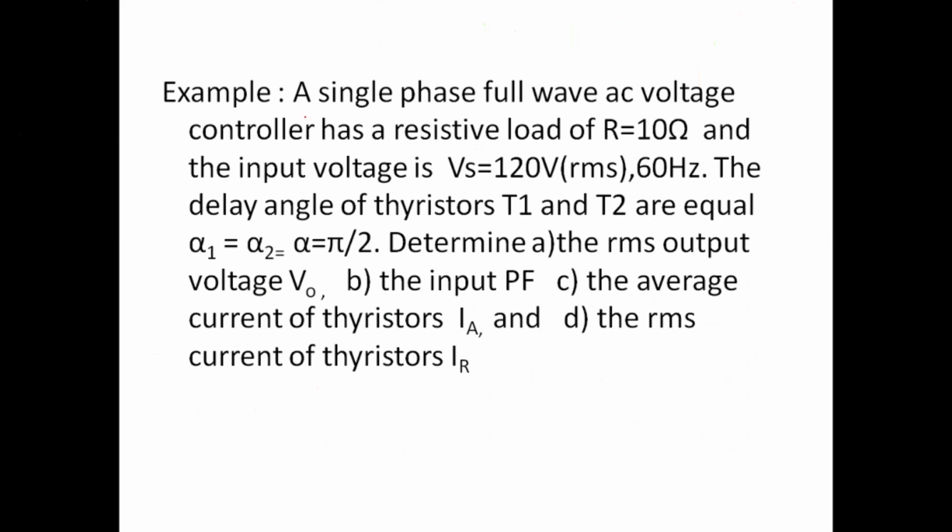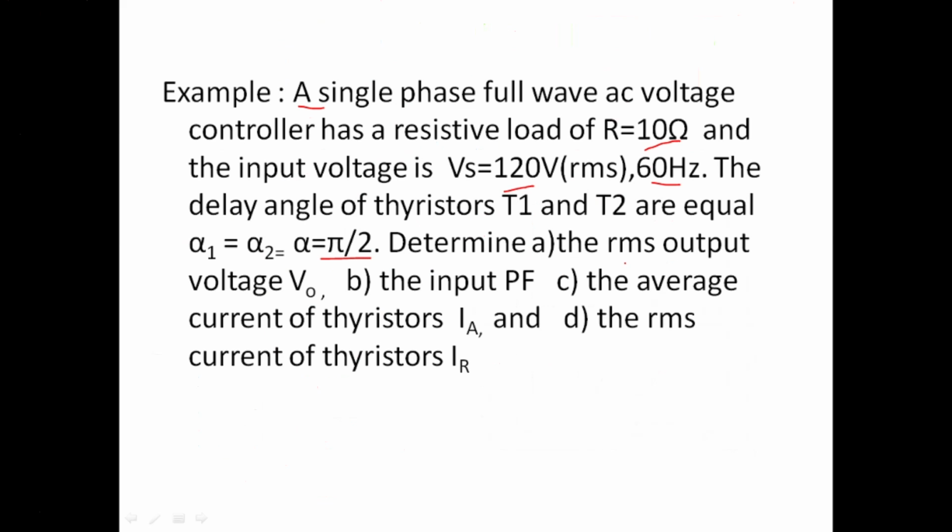So a single phase full wave AC voltage controller has a resistive load of R is 10 ohm and input voltage is 120 volts, 60 hertz. The delay angle of thyristor T1 is alpha equal to pi by 2. Alpha is pi by 2.